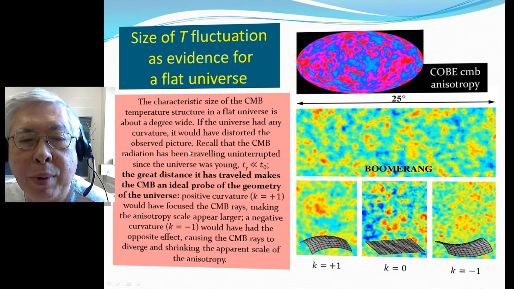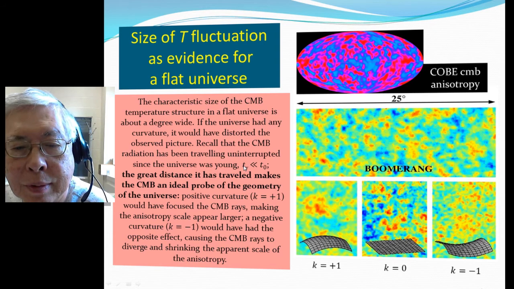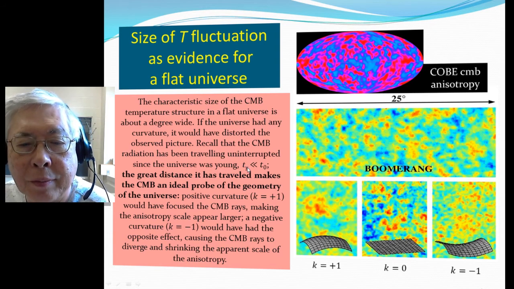The CMB radiation had been traveling uninterrupted since the universe was young, since the photon decoupling time of 380,000 years, much less than the 14 billion years that we're talking about. Therefore, the great distance it had traveled makes the CMB an ideal probe of the geometry of the whole universe.